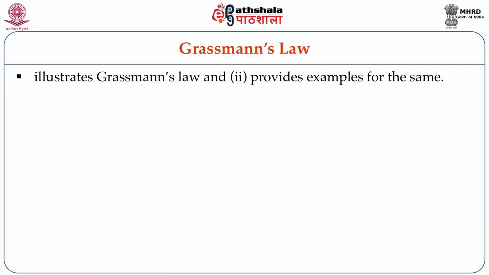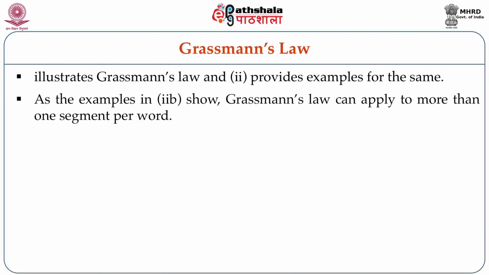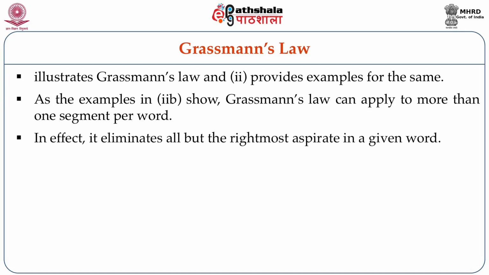One illustrates Grassmann's law and two provides examples for the same. As the examples in 2b show, Grassmann's law can apply to more than one segment per word. In effect, it eliminates all but the rightmost aspirate in a given word.